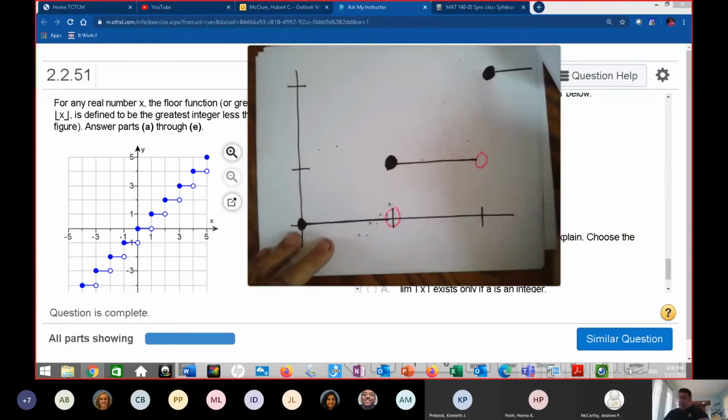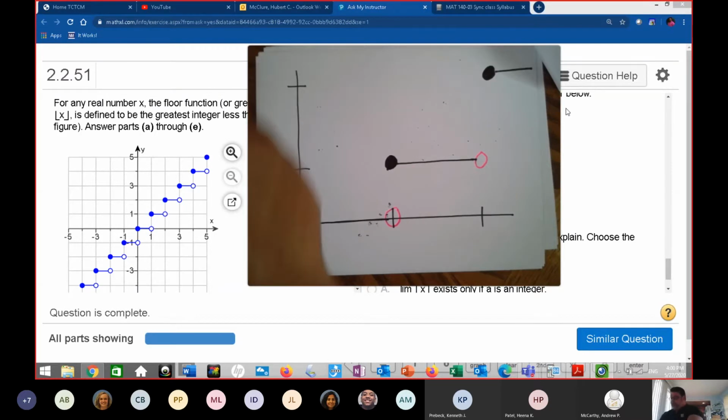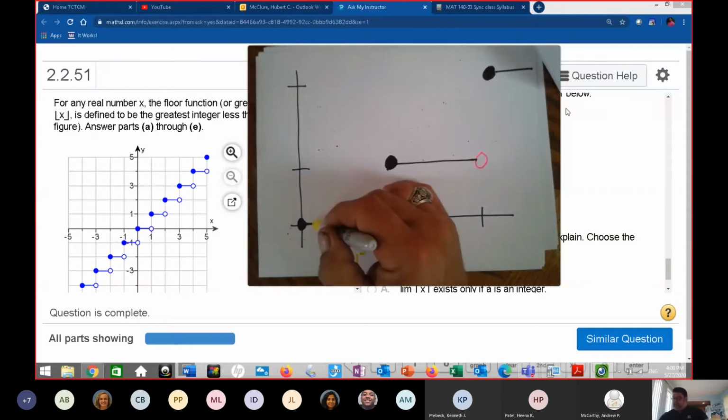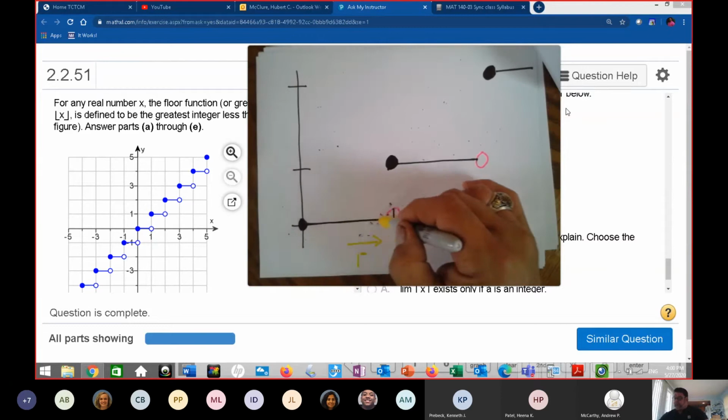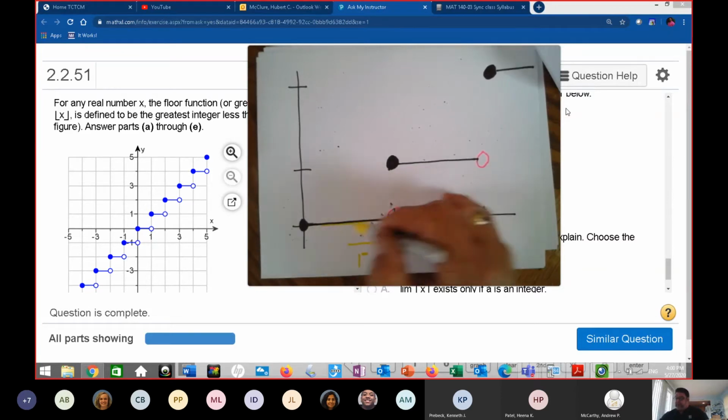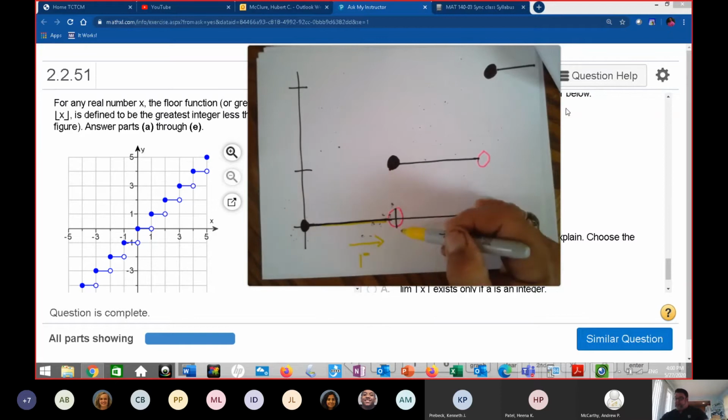Now, I'm going to use a different color here. As I approach 1 from the left, I'm on this line right here. So the only place I can go to with 1 on the left is 0, because I'm right here.